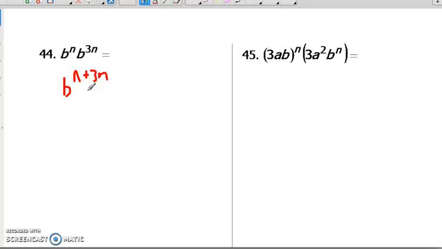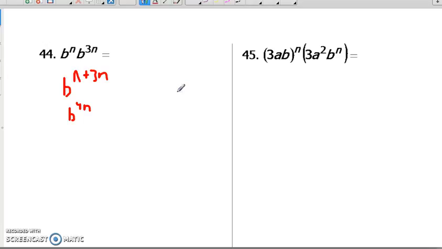And can I add n plus 3n? They're the same term. B to the 4n. All right, again, why is it not b to the 3n squared, which some might think it could be? Again, it's because there's addition here, not multiplication. Okay. So b to the 4n.